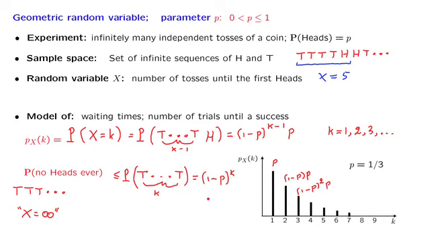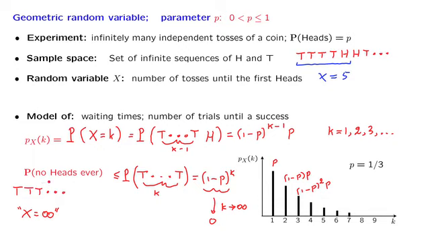Now this is true no matter what k we choose, and by taking k arbitrarily large, this number here becomes arbitrarily small. Why does it become arbitrarily small? Well, we're assuming that p is positive, so 1 minus p is a number less than 1, and when we multiply a number strictly less than 1 by itself over and over, we get arbitrarily small numbers.